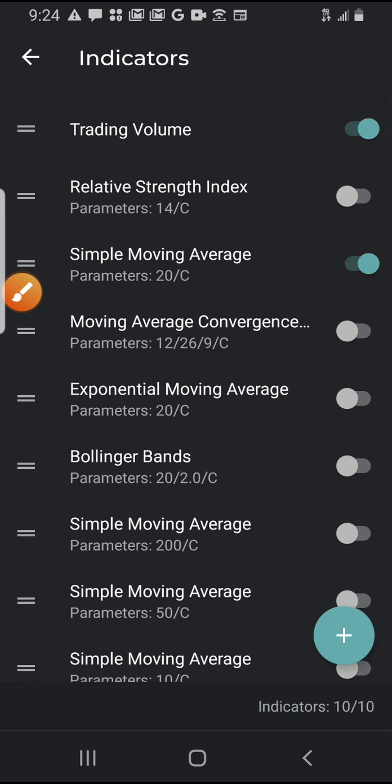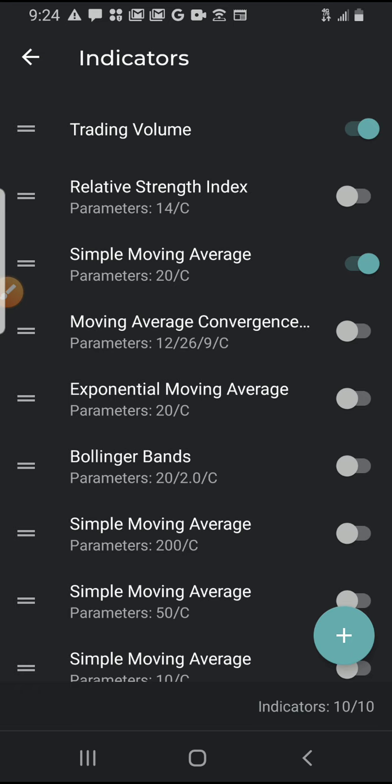Another thing you can add is relative strength index, RSI. From our documentation, we've covered what RSI can do. We said that when it's below 30, it's oversold, and when it's above 70, it's overbought.